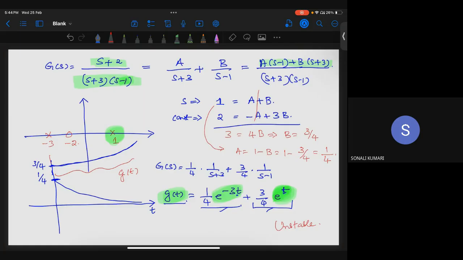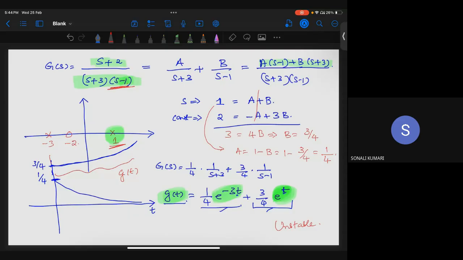The same thing you can decide by using this pole, because the pole is on the right side. For any system, is it enough to say that if one pole is on the RHS, then it will be unstable? Yes. For the system to be stable, all poles must be on the left side.